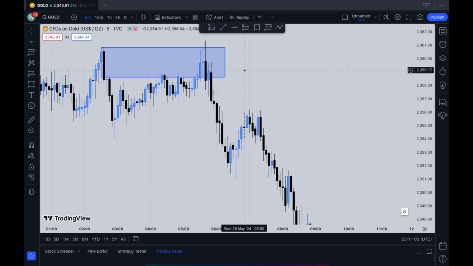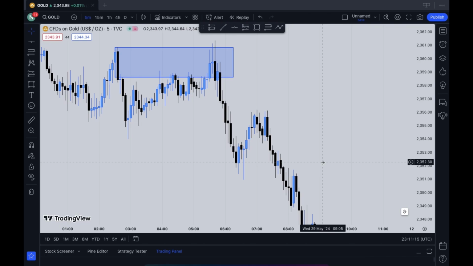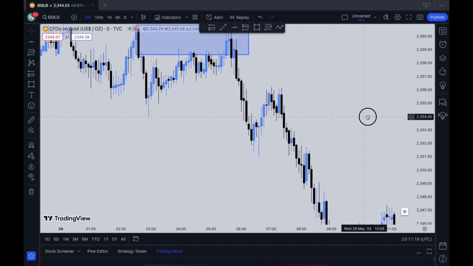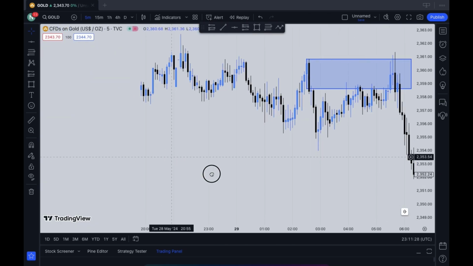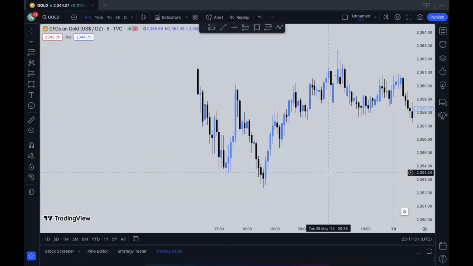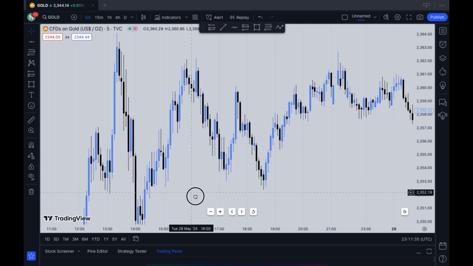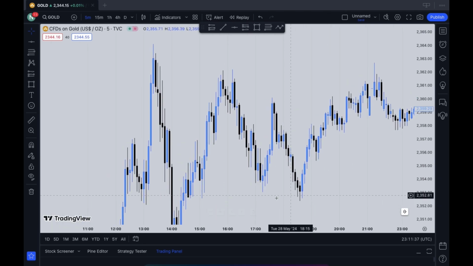So what you do is you take a box tool and then you mark it up just like I've done, and you notice that the next time price came back into that zone, it went all the way down, completely crashing to the downside. Now the reason why banks do this or trade like this is because these institutions or hedge funds find those zones as good areas with untapped liquidity, right? So they make more orders anytime price gets back into that zone.